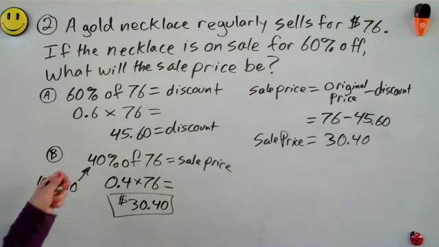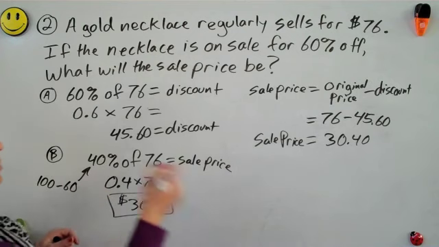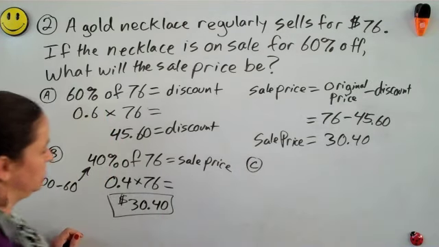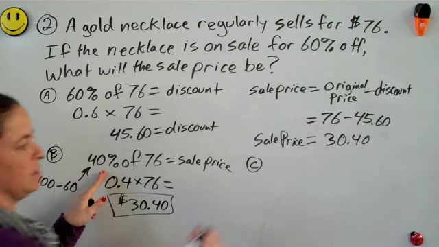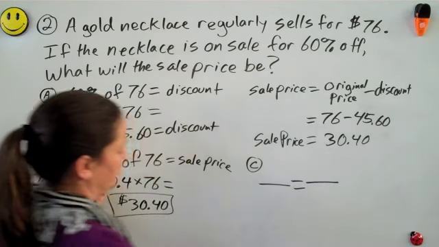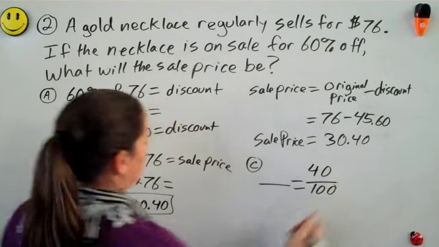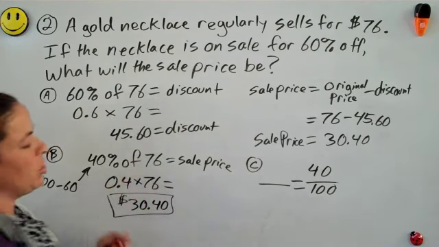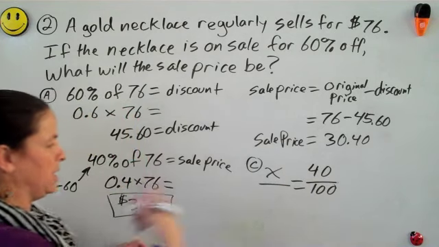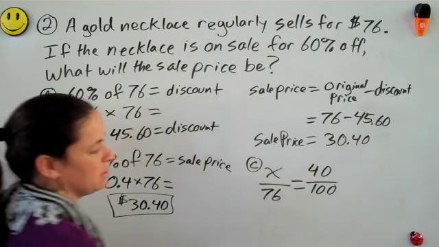If I wanted to work with the 40%, I could have solved it a third way. We'll call this C. Remember, is over of equals percent over 100. So the percent is 40 out of 100, and for is over of, I want to know the is, and I know it's out of 76.